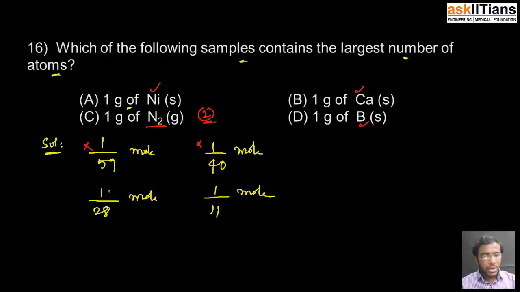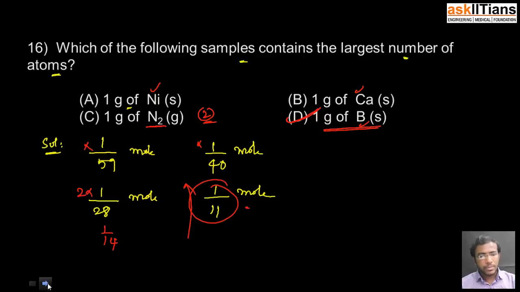So 1 by 28 mole contains 2 into 1 by 28 atoms of nitrogen. It's not 1 by 28, it's 2 by 28, because the question asks about atoms. So it is 1 by 14. But still 1 by 11 is greater. So D is the correct option, which contains the largest number of atoms.